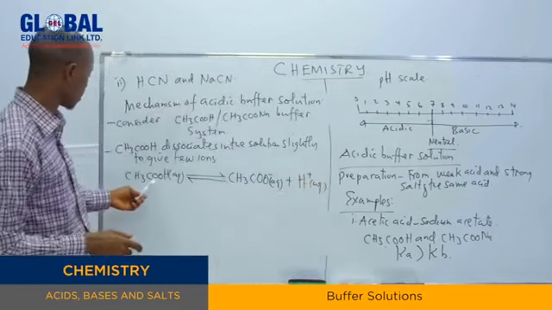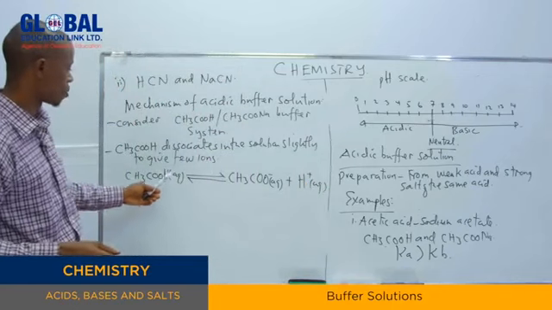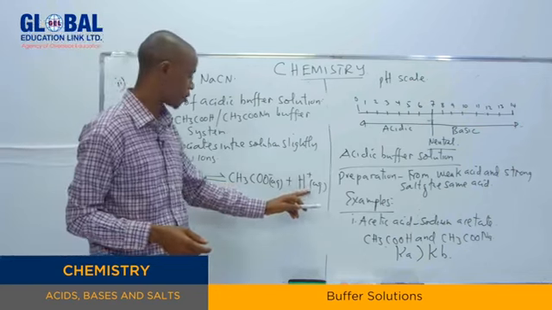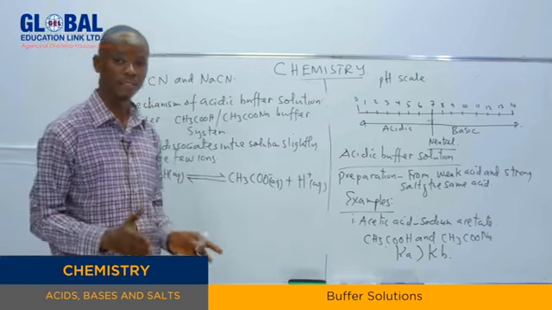Now, when this weak acid, acetic acid, dissociates partially, it gives the acetate ions and hydrogen ions. But these ions which are produced are very few.